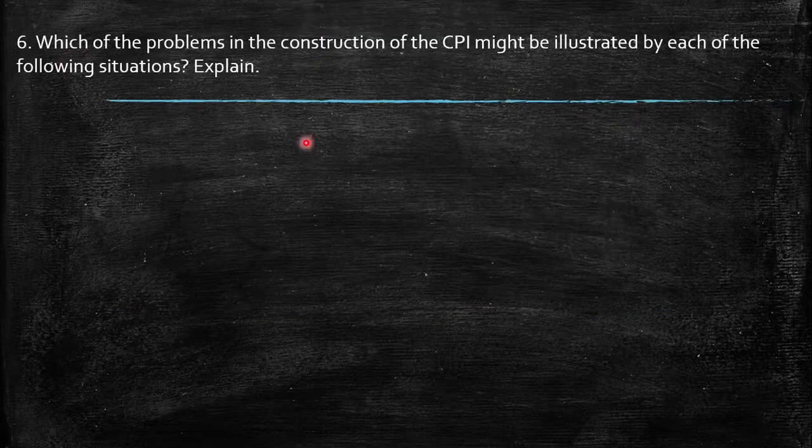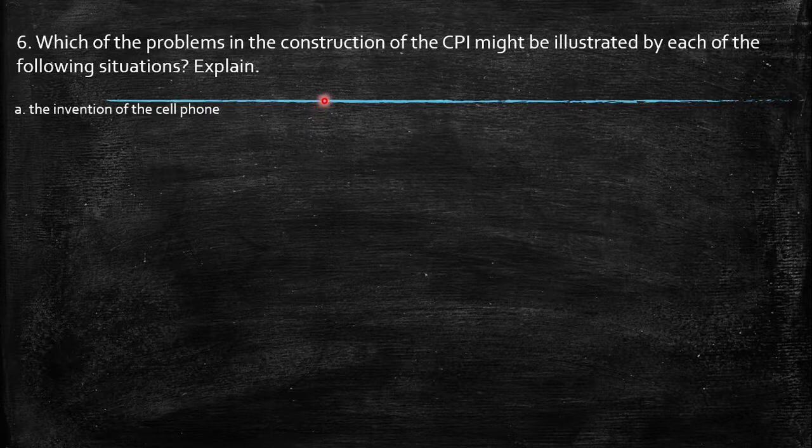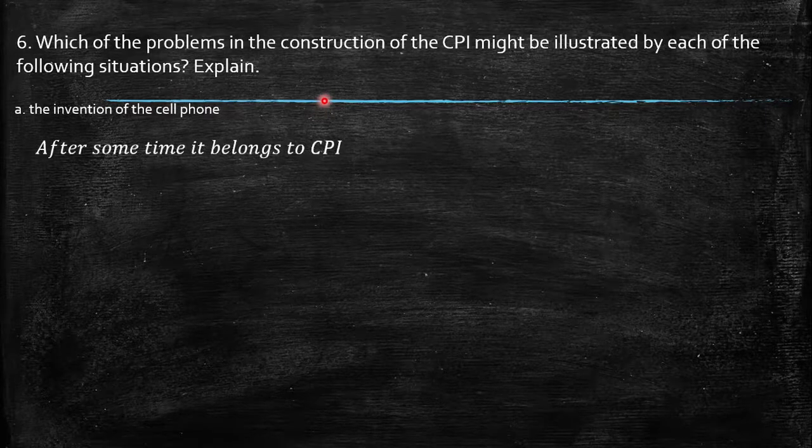Question 6 says, which of the problems in the construction of the CPI might be illustrated by each of the following situations? Explain. First, the invention of a cell phone. Before the invention of the cell phone, naturally it wasn't taken into account inside the normal basket for a consumer.